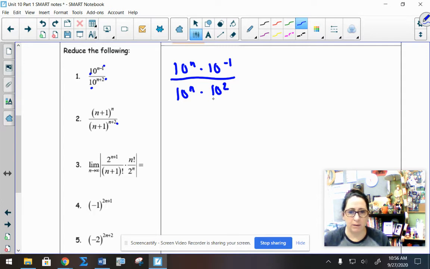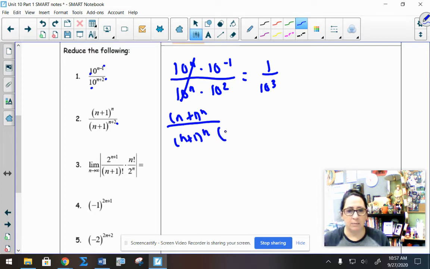And then you can see that those cancel, and that's 1 over 10 to the third. Same thing here. I could do the n plus 1 to the n, and then the n plus 1 to the n times the n plus 1 to the 2. Those cancel, and you're just left with n plus 1 squared. So whichever way you like to do it, that's up to you.